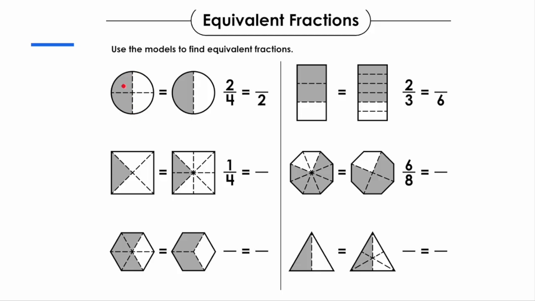Shaded part, 2 pieces right there, 2/4, right? I know because it's cut into 4 pieces. My denominator is 4. So now we're going to this one. Oh, look, it's cut into 2 pieces. The denominator is 2, but only one side is shaded. So we have 2/4 is equal to 1/2.